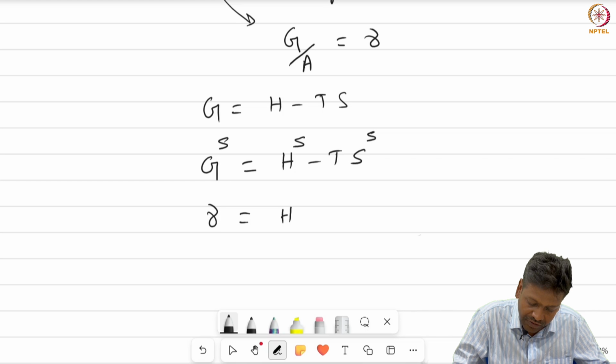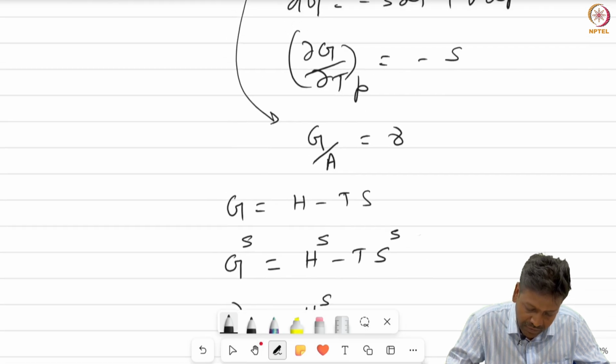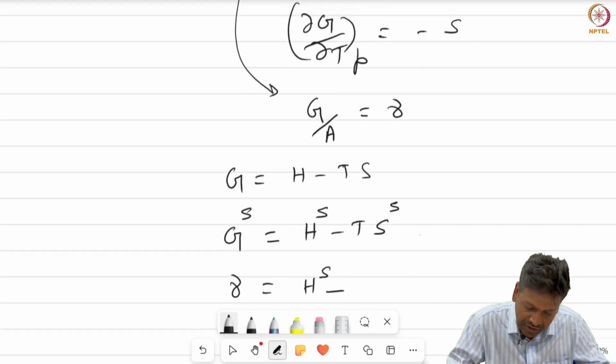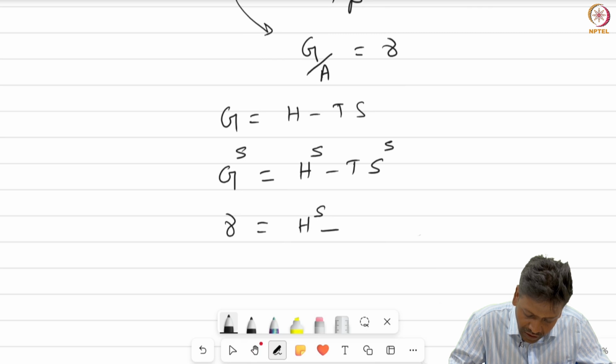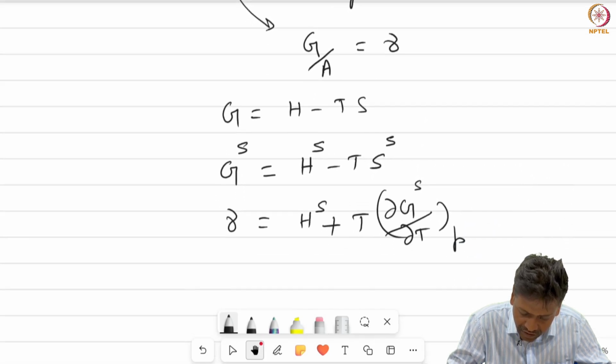Then you have H superscript S minus, so this minus S is nothing but dG by dT, so minus S superscript S will be plus T dG superscript S by dT at constant pressure. That is what we have to write here.